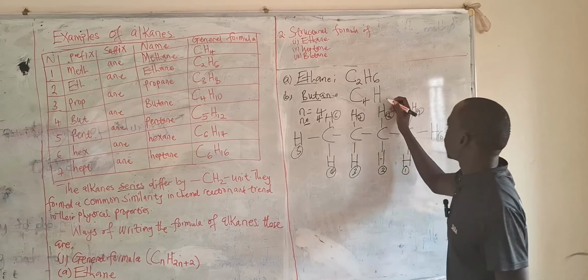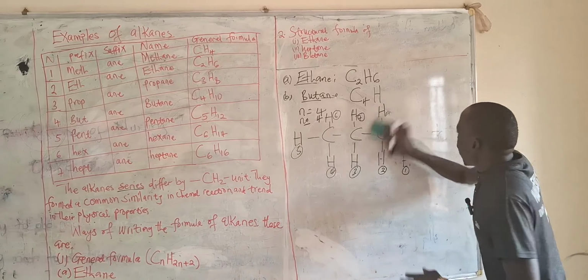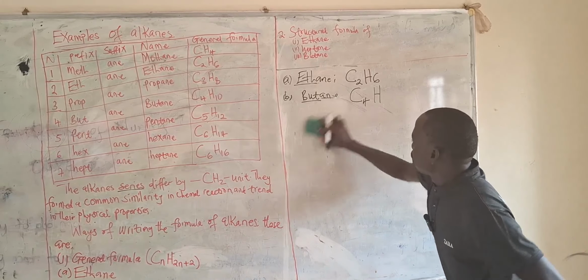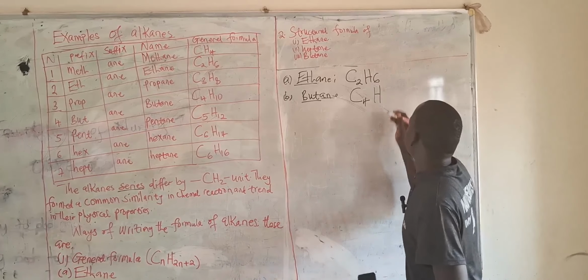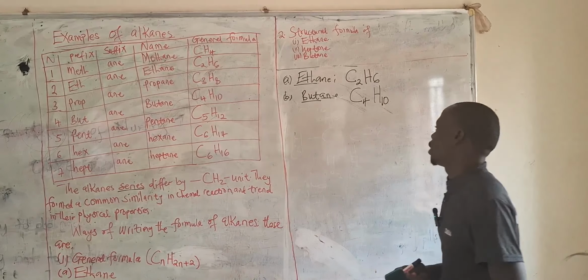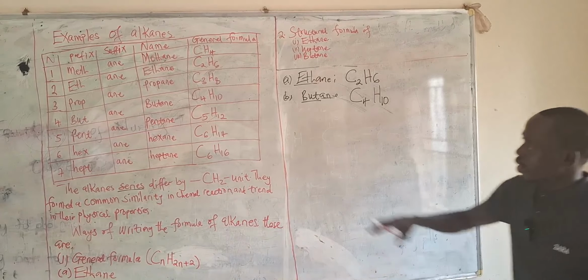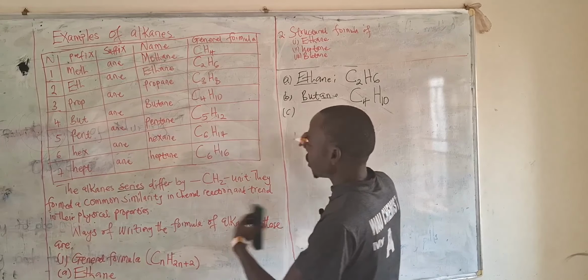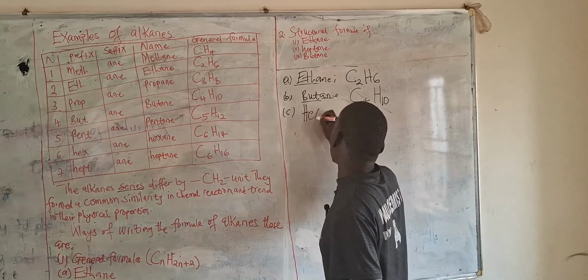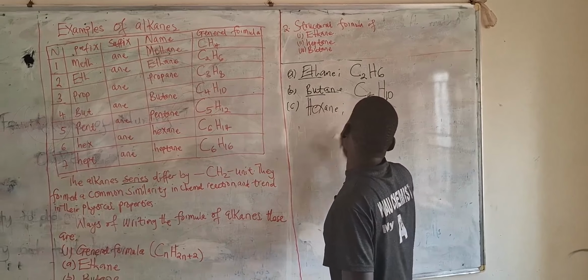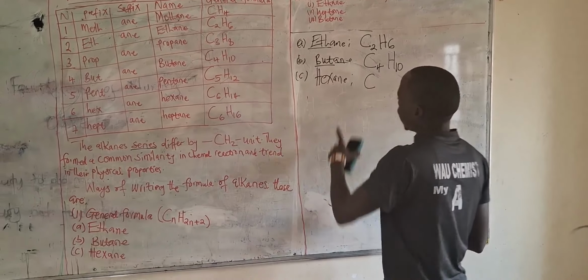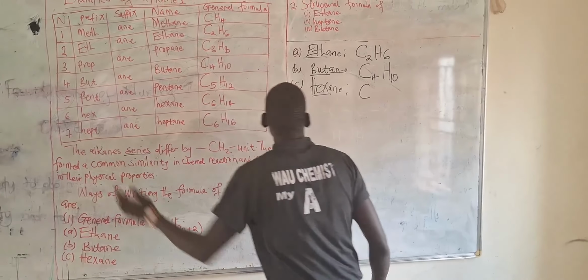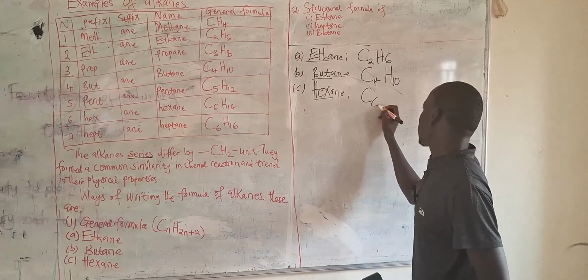So here I'll have C4H10, the exact thing you're seeing here. For exam, I'm not going to explain that one now, it's self-explanatory, so I'll just have C. If I say X, then that means I'm dealing with 6 carbon atoms, so I'll have 6 here.